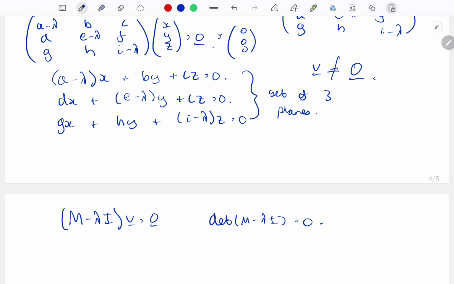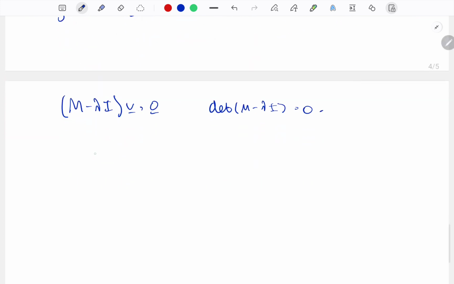So why is this? This set of 3 planes, if the determinant is equal to 0, they will intersect with an infinite number of solutions. If you've done the geometrical interpretations of planes, you will understand that you can have planes forming a sheaf.